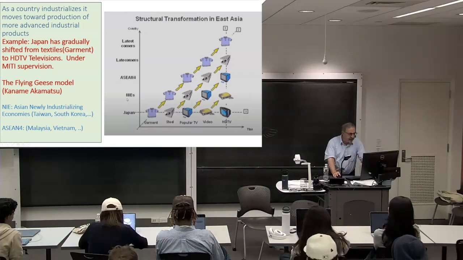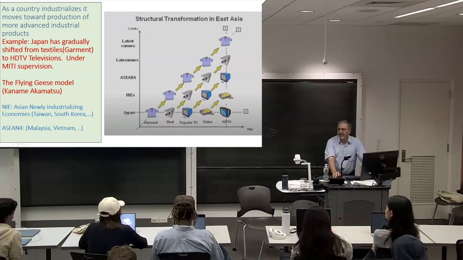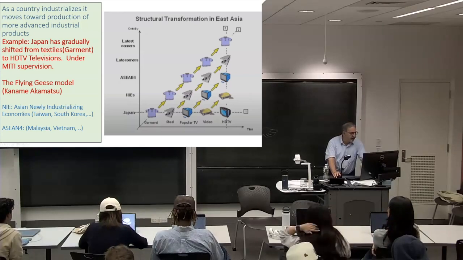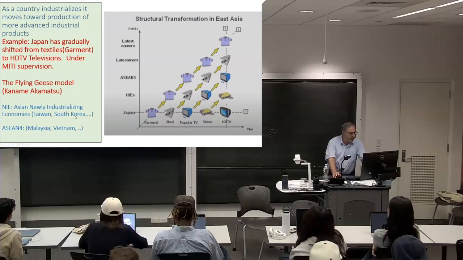In terms of Asia, Japan was the leader, began earliest, and then you had the newly industrializing countries, Taiwan, South Korea, Hong Kong, Singapore, and then came the other countries that followed.